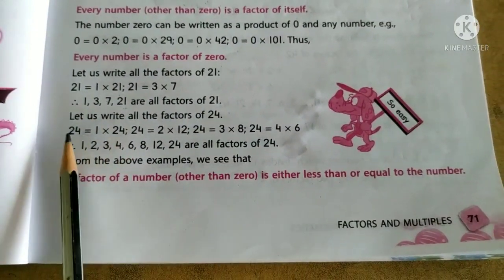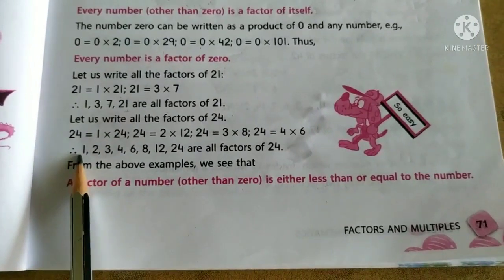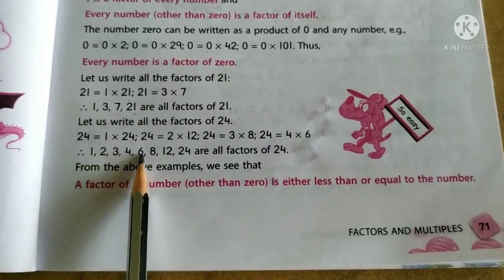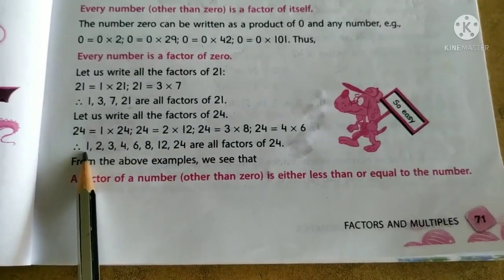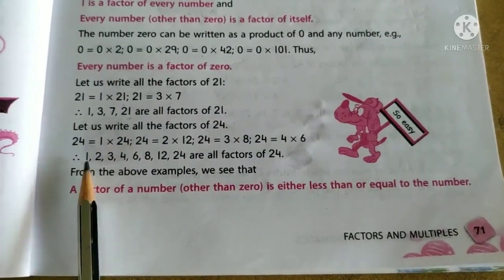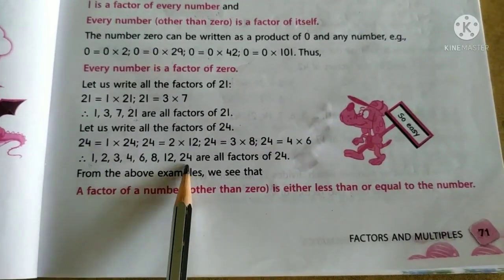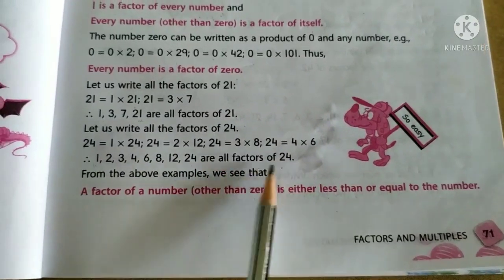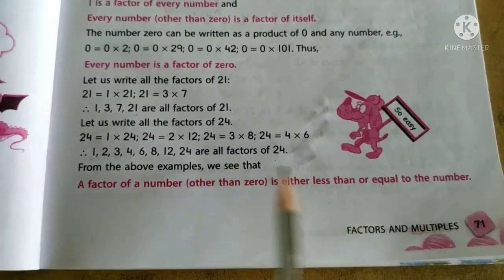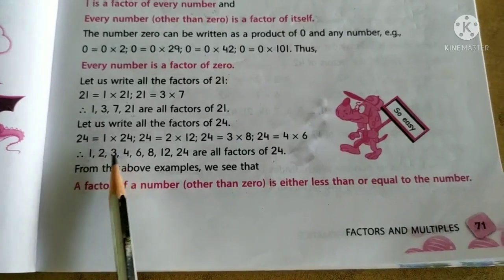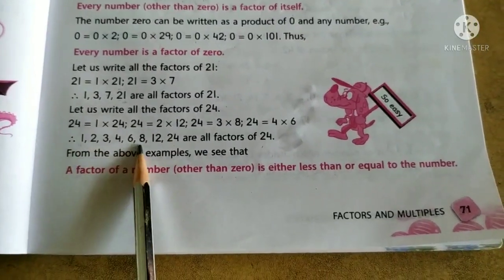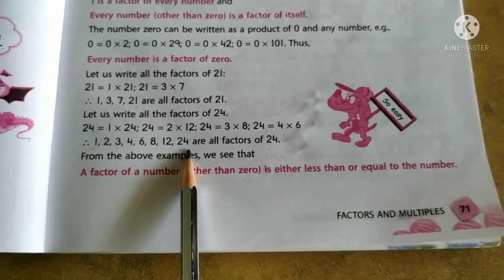Here also you will see 24. The factors of 24 are 1, 2, 3, 4, 6, 8, 12, 24. The smallest one is 1, which is the factor of every number, and the greatest factor is 24, that is the number itself. So here this property stands true कि किसी भी नंबर का फैक्टर या तो उससे छोटा होगा या उसके बराबर होगा.